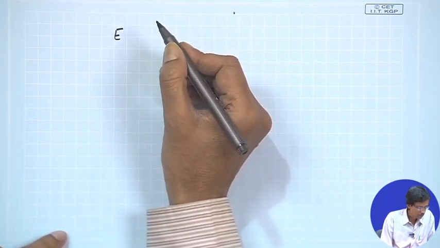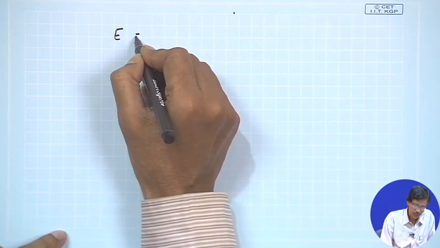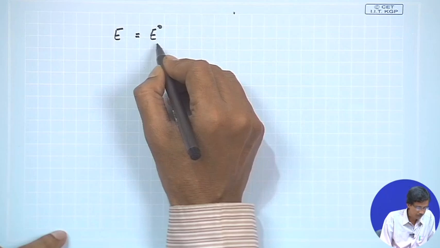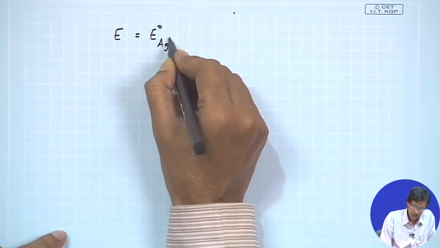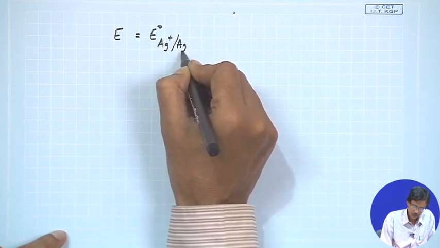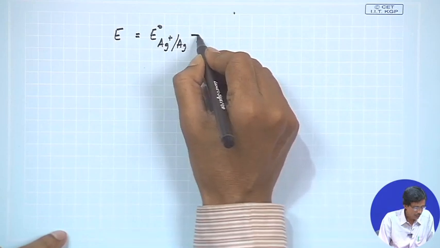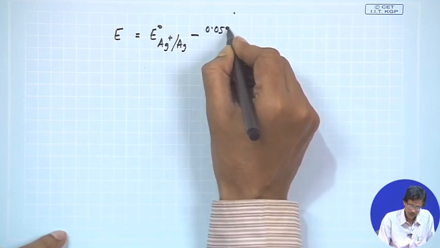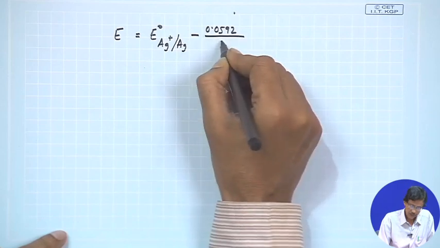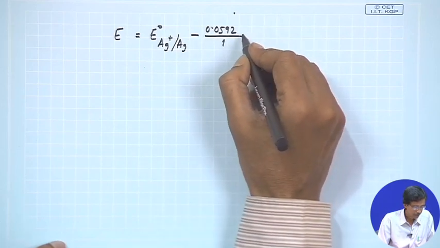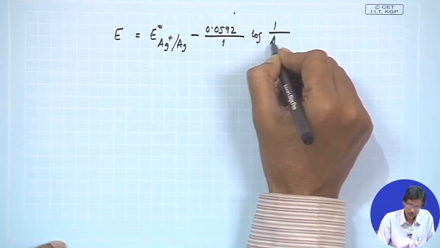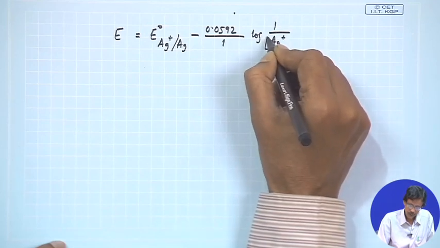In this particular case, if we consider the E0 values for silver ion to silver, then as we have seen earlier, it is 0.0592 divided by 1 and log of 1 by the silver ion concentration.